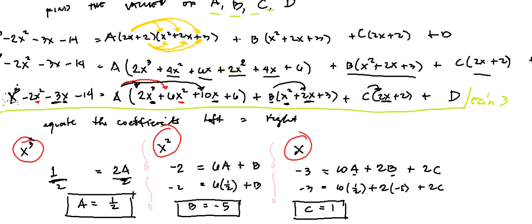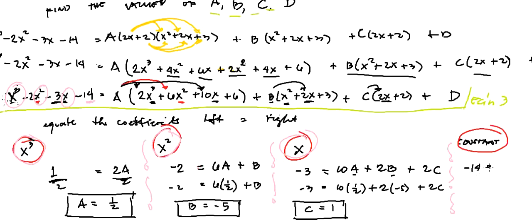Then lastly, we have already equated the x cubed, the x squared, the x. Now let's equate the constants. So for the constants, the left side of our equation has negative 14, right?